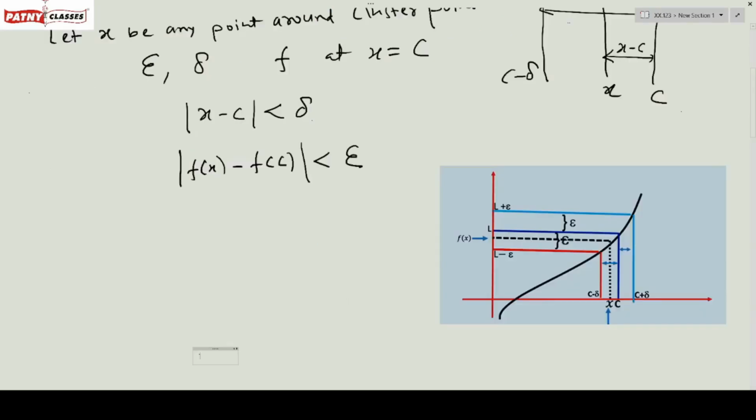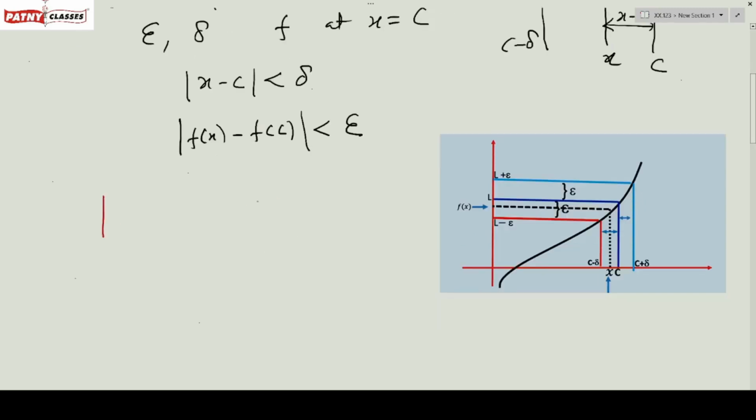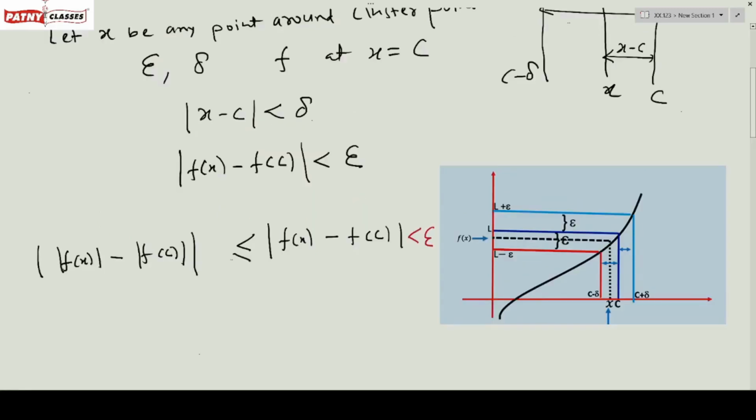Now we know that the modulus of f of x minus f of c is greater than the modulus of the modulus of f of x minus the modulus of f of c, which will be less than epsilon.